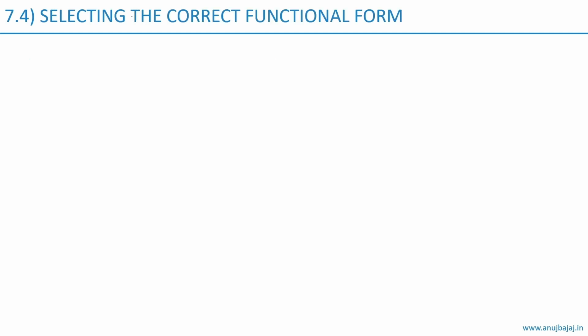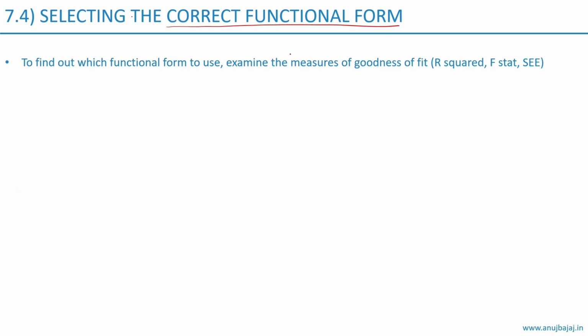So we have seen the Lin model, which is the simple linear regression model. We have also seen the log-Lin model, the Lin log model, and the log model. So among the four models, which is the correct functional form? Which model should we use to forecast the dependent variable? To find out which functional form to use, we examine the measures of goodness of fit.